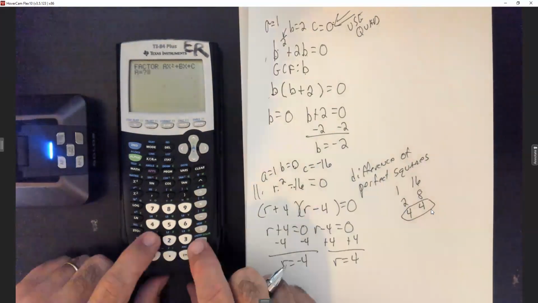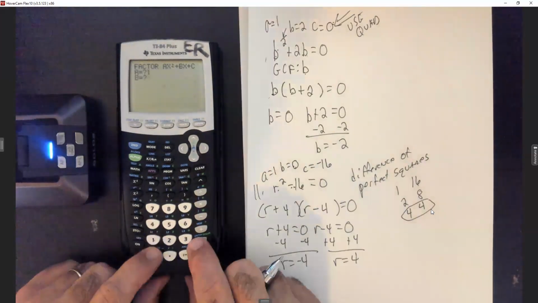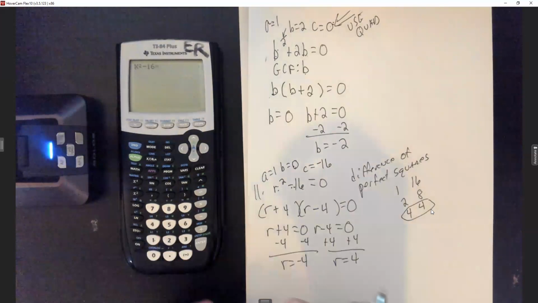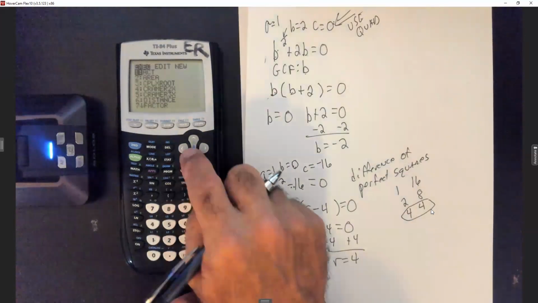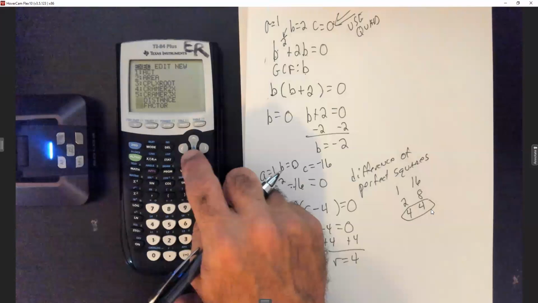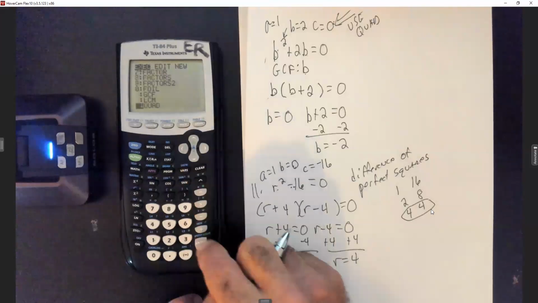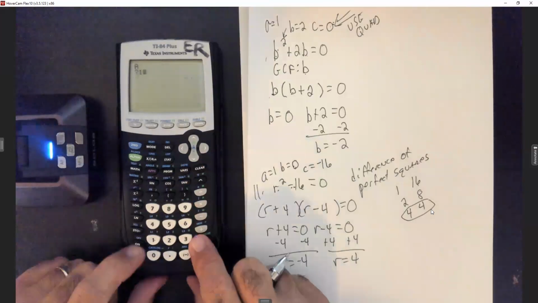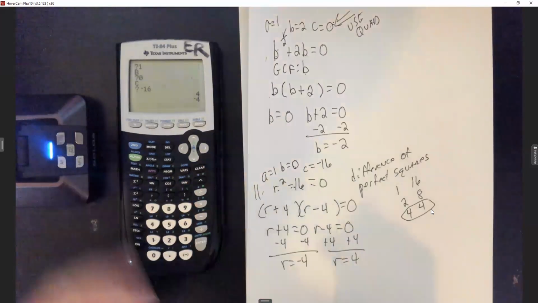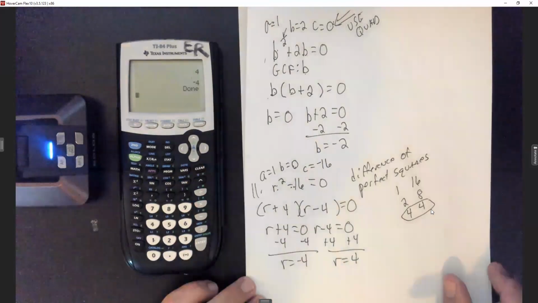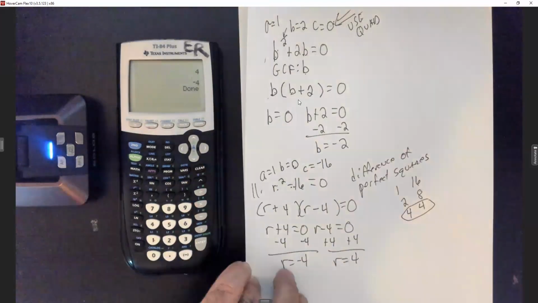I would have had a 1, 0, -16. That would have factored into the +4, -4. If I'd have gone to my quad, same thing, I'd have put in a 1, 0, -16. It would have gave me my 4 and my -4. So either way on that, okay?